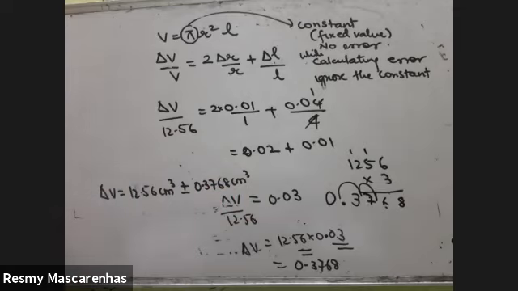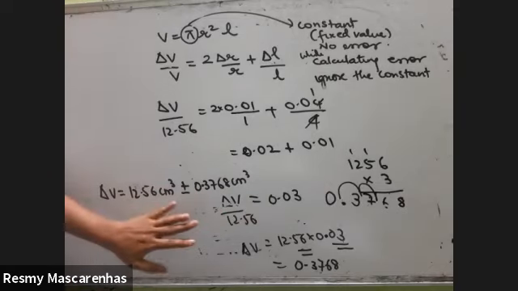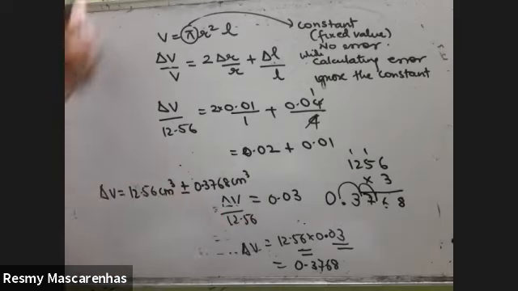So like this will be your answer. So just be careful while multiplying your decimal points. If you finish this, you can try. Any doubts in this? You can ask.